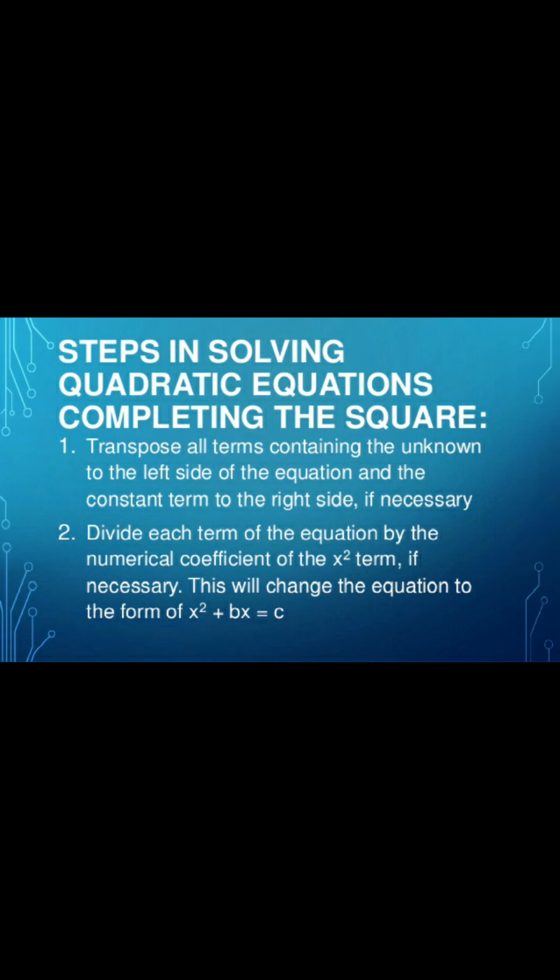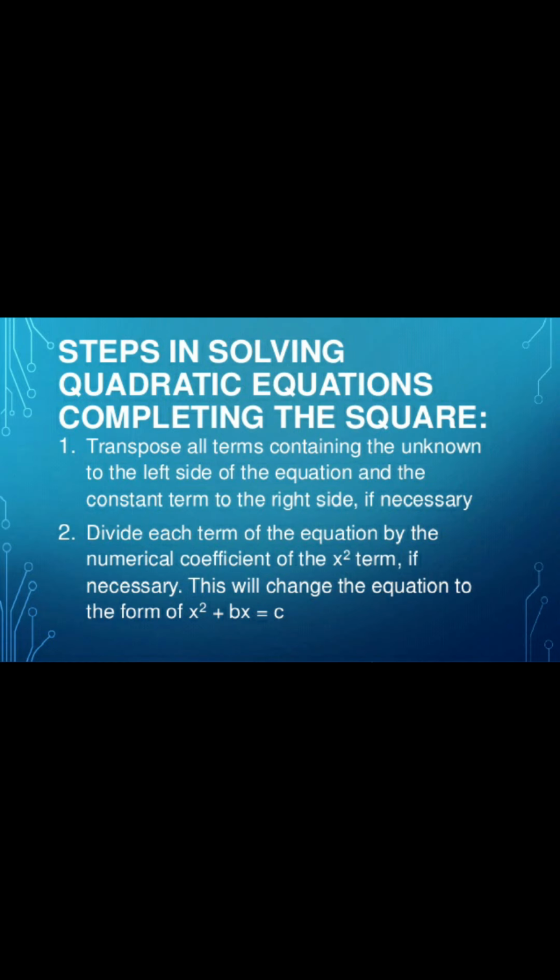Now let us understand the steps in solving a quadratic equation by completing the square. First step: transpose all the terms containing the unknown to the left side of the equation and the constant term to the right side if necessary. Means the terms having variables go to the left side and the constant term to the right side.